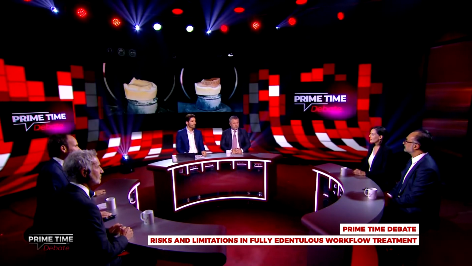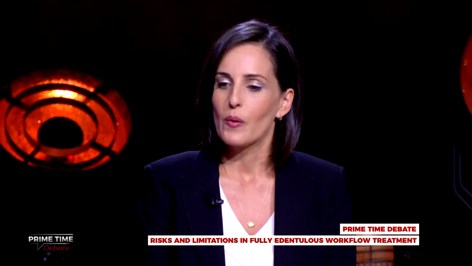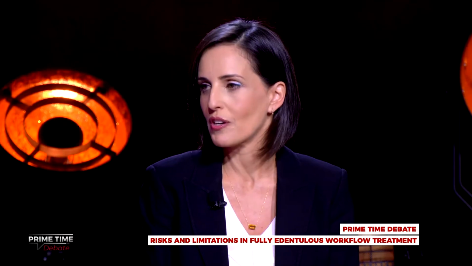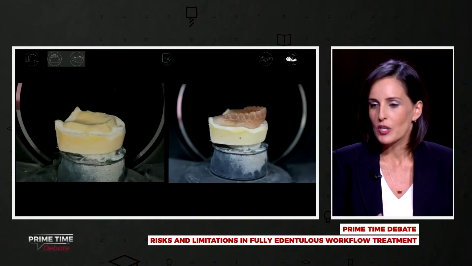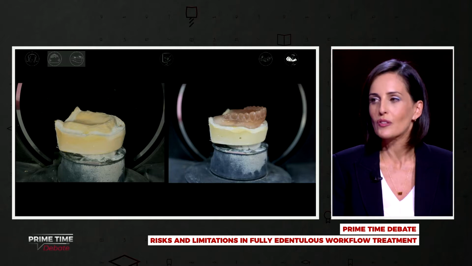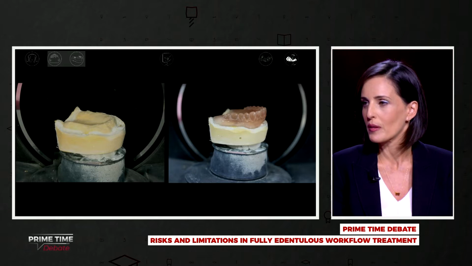And if we are planning a fixed restoration, we cannot use the same old denture as a reference point, as a wax-up, since the position of the crowns on the ridge is not going to be the same. And this wax-up is actually worthless.